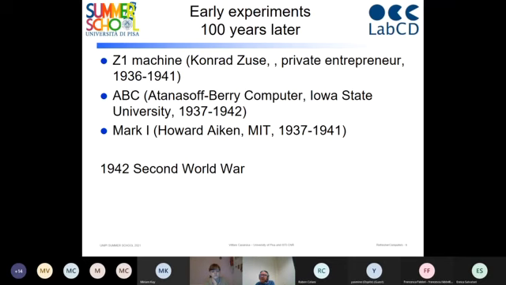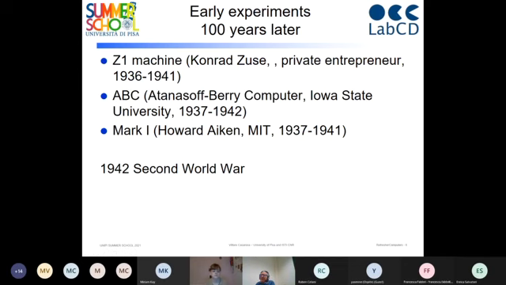Just in recent years, it has come out that also in Germany, and especially on the part of this Konrad Zuse, who was a private entrepreneur, he was actually building machines that were somehow even more advanced than the ones built in the US universities in terms of, for example, already using the binary notation, using as little mechanical stuff as possible, and so on.